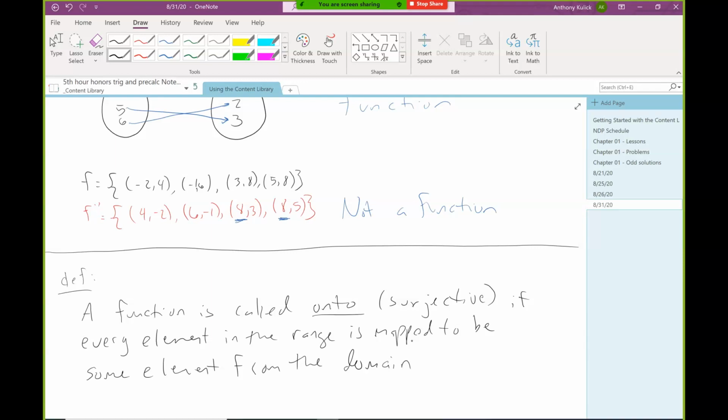I'd say that those two words are used about the same amount depending on the textbook you're looking at. They typically will use one or the other. I'm going to present both of them to you because, again, probably in half the textbooks they use onto and the other half they use surjective. So even if you go beyond this course, it's nice to know that we're just talking about the same thing.